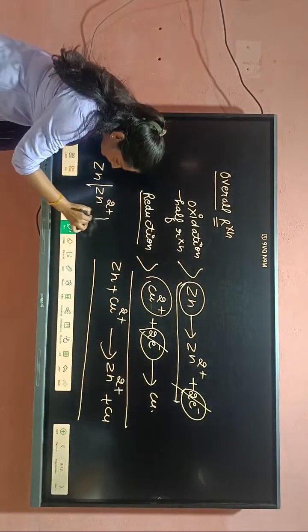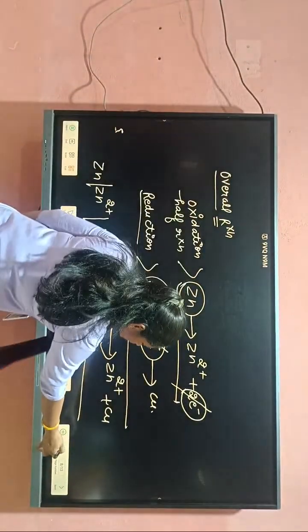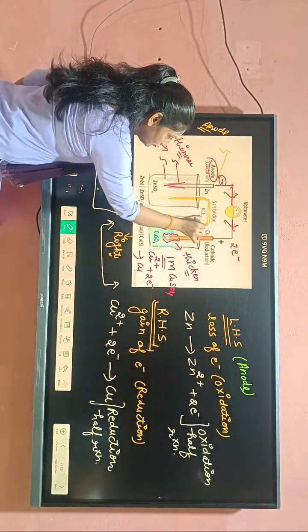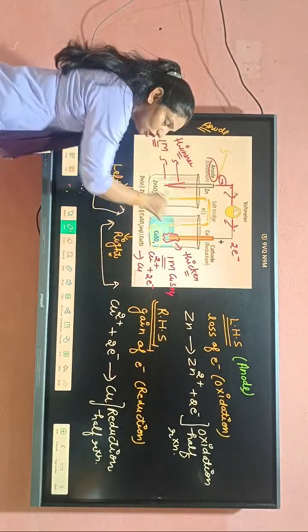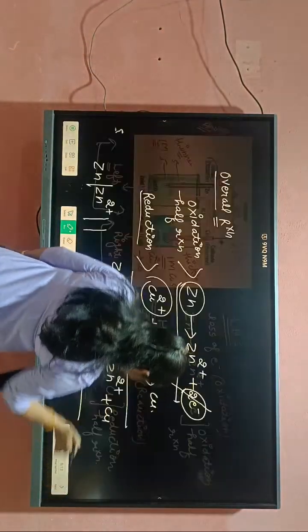And in between, this one is the salt bridge. We are connecting both half cells with the salt bridge, and this is the symbol of the salt bridge.